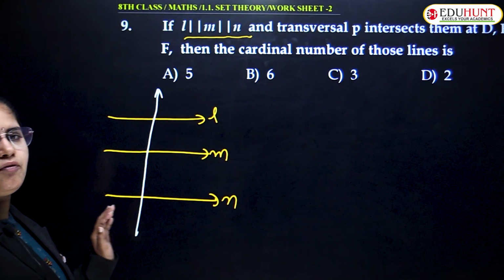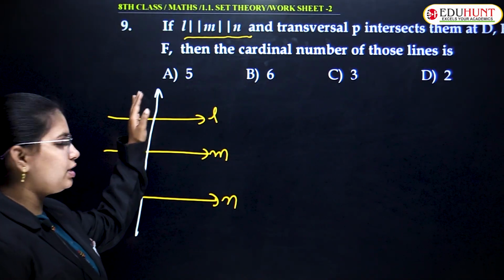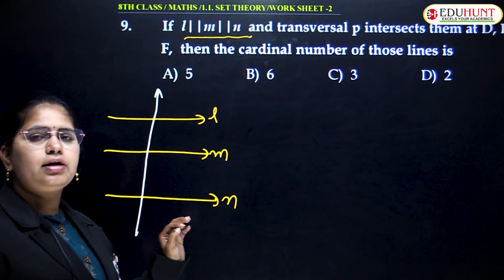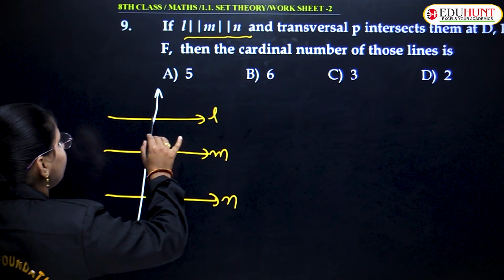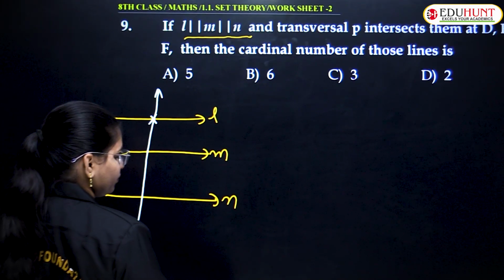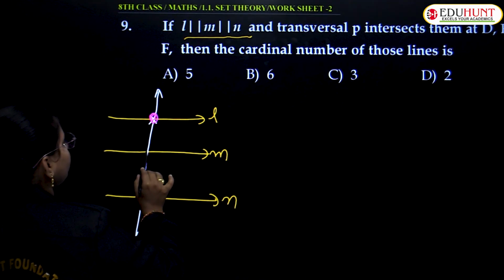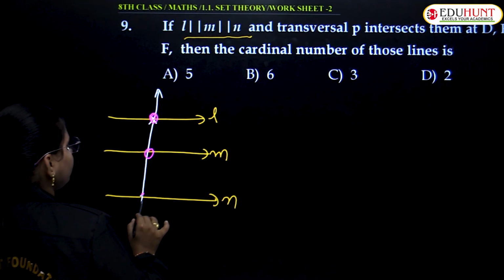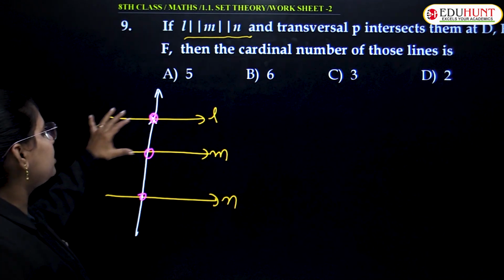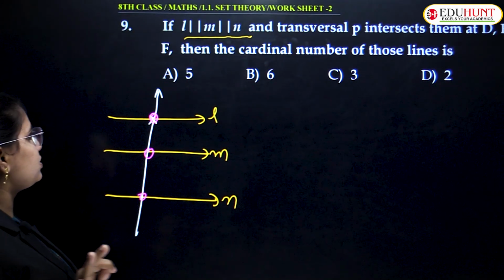That is the definition of transversal. If you draw a transversal, at line L you will have one point of intersection, similarly at M, similarly at N. So that means you are having 3 points of intersection.